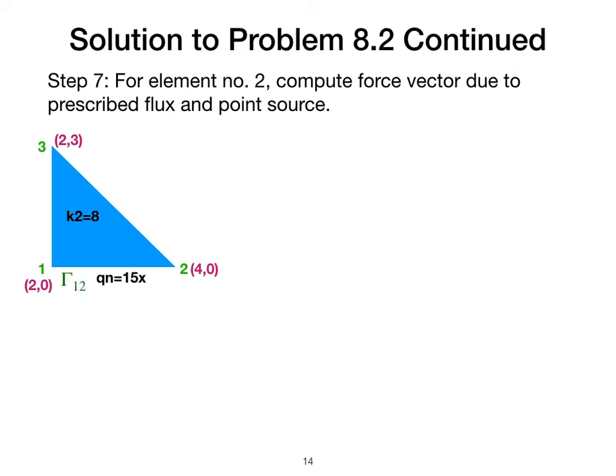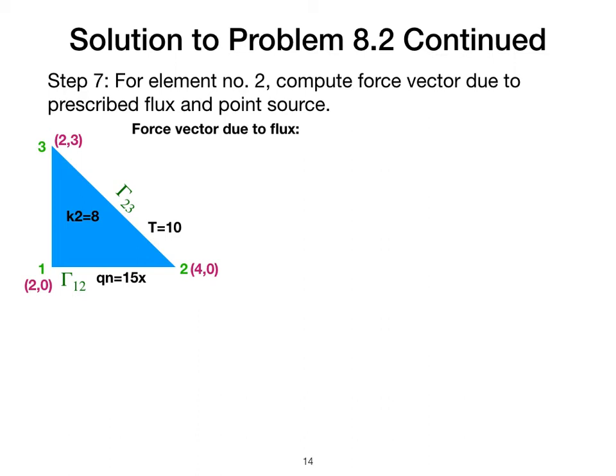Gamma 1 2, as mentioned in the problem, has Qn equal to 15x, then gamma 2 3, which connects nodes 2 and 3, and T is equal to 10 degrees Celsius is given here on this boundary, and there is no boundary at the line connecting nodes 1 and 3.